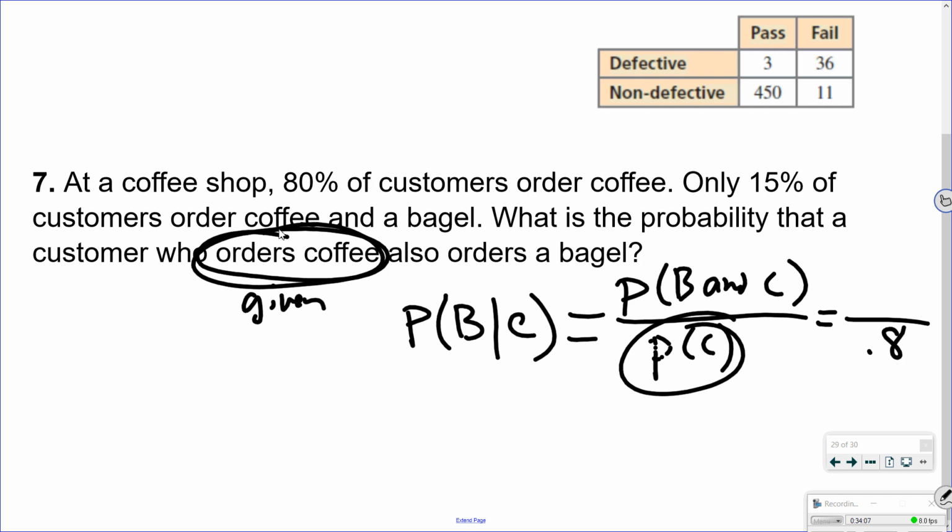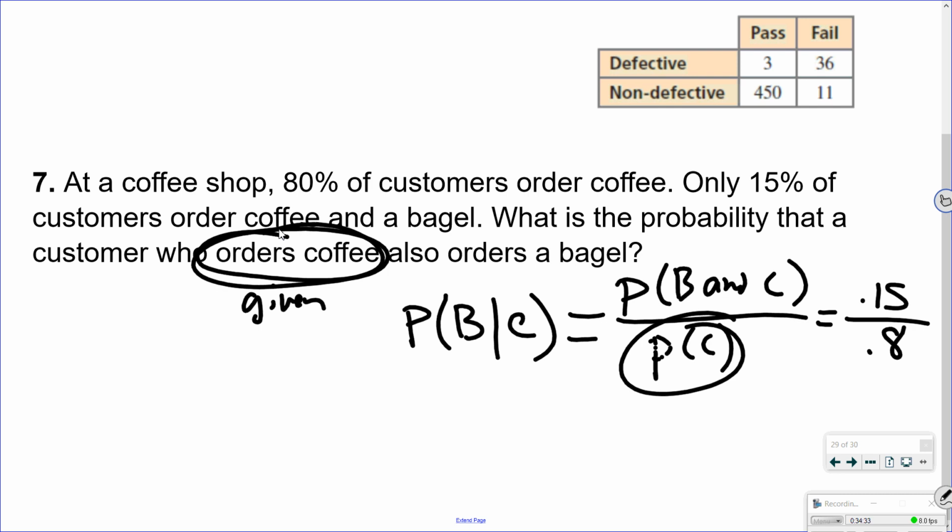Okay, what's the probability of ordering a bagel and coffee? About 15% ordered a bagel and coffee. So I got 0.15 divided by 0.8. Again, plug that in your calculator, and you end up with about 0.19. That's about what it comes out to be. So those are a little bit tricky, but use the formula, write it down there.